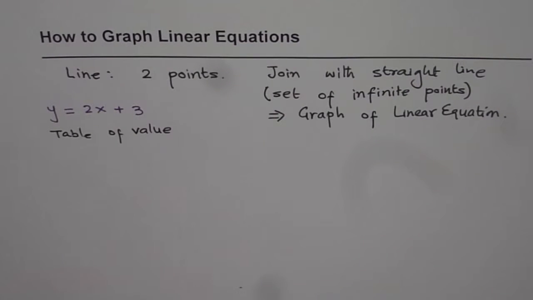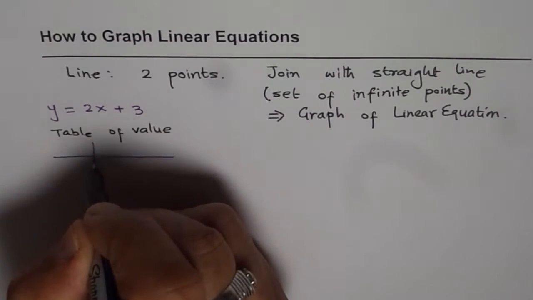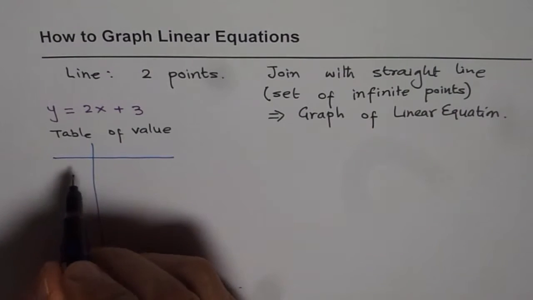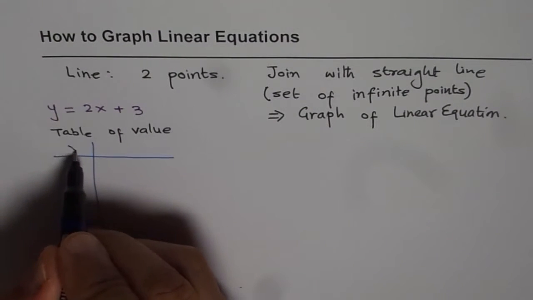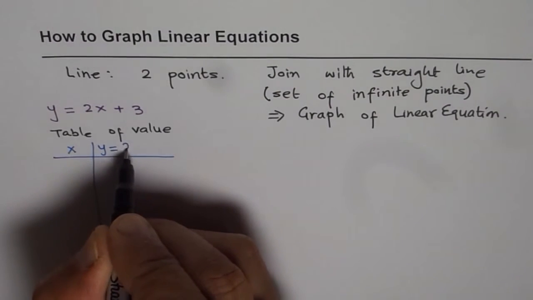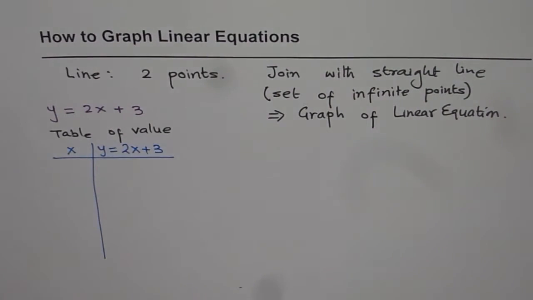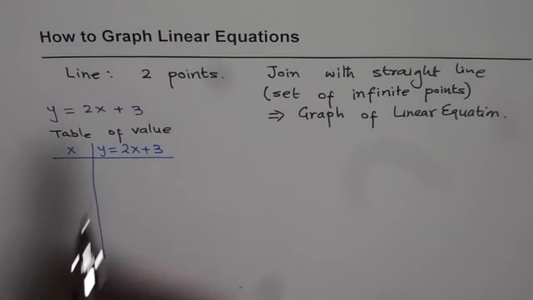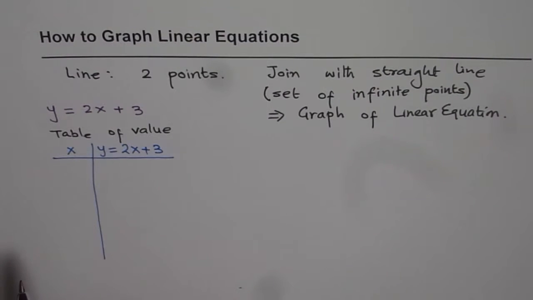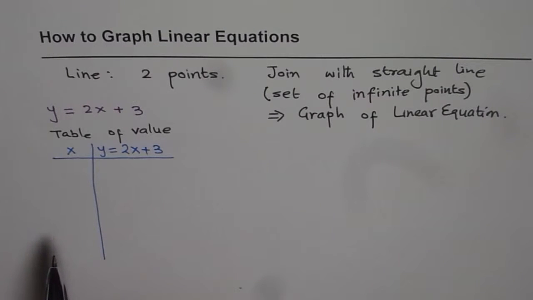So the table of values will have 2 sets of values, the independent variable x and the dependent variable y, which in our case is 2x plus 3. Since we want to draw a line, let us only take 2 points for the time being.